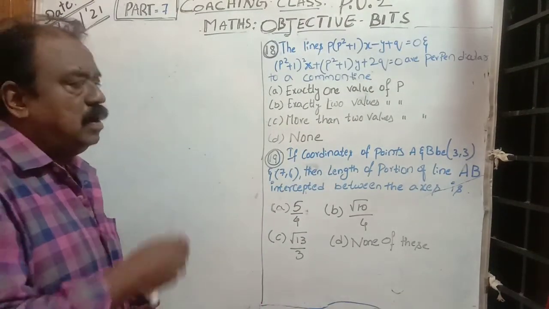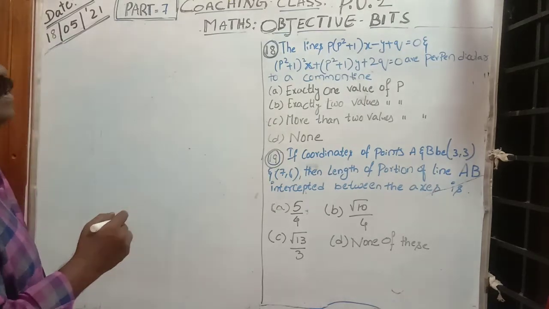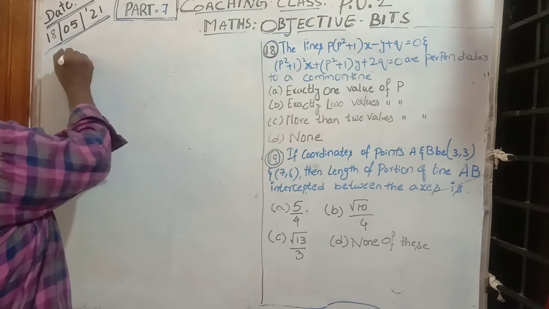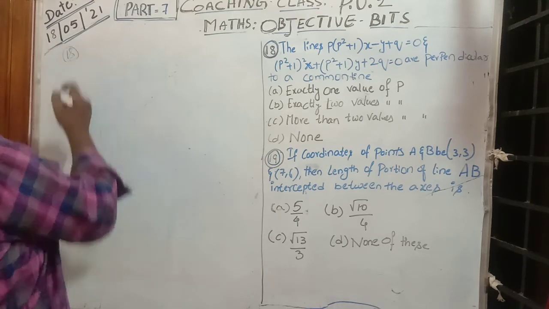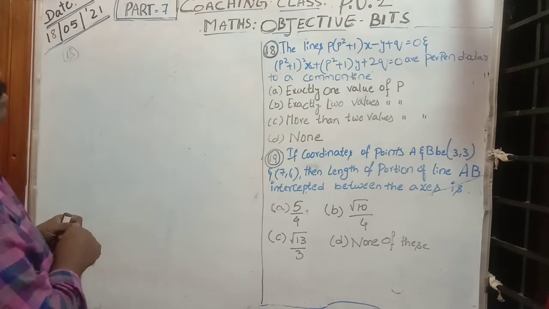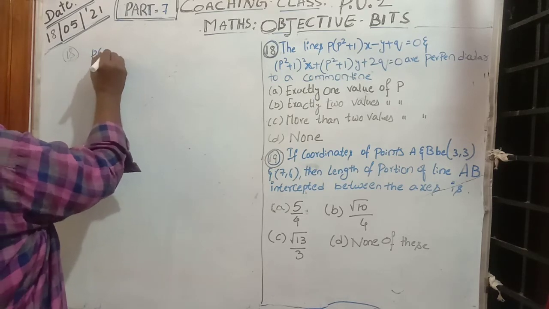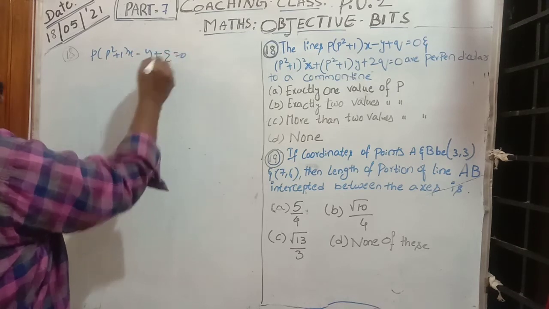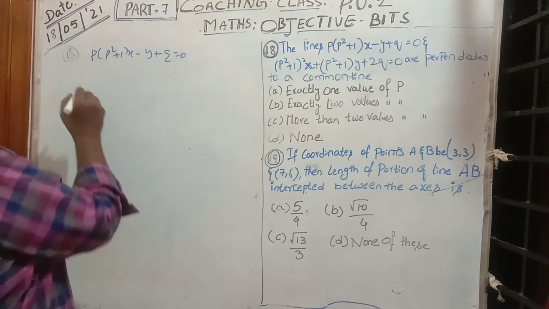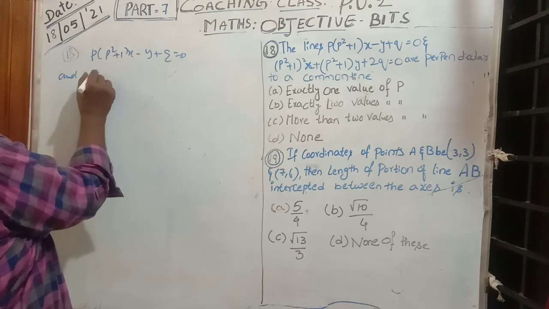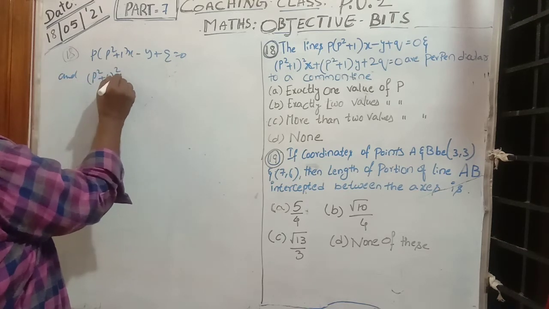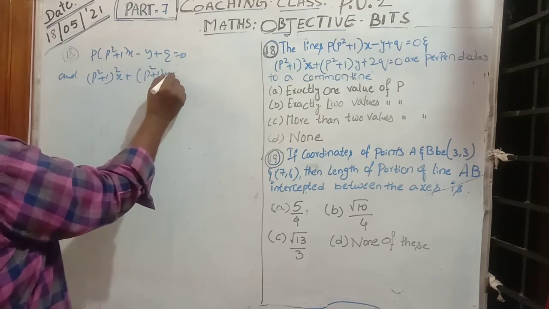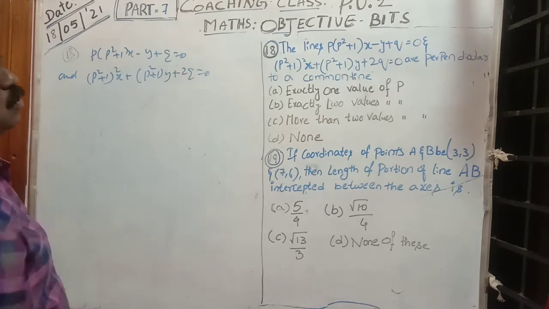Okay, 18th problem continuation. The lines p(p square plus 1)x minus y plus q is equal to 0, and another line is (p square plus 1) whole square x plus (p square plus 1) y plus 2q is equal to 0.